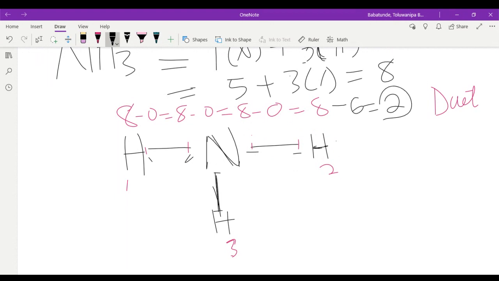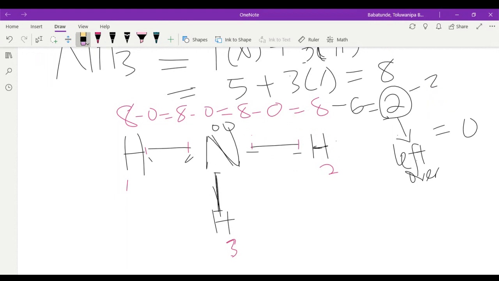So what do we do to these 2? These are leftover electrons. So we place the leftover electrons on the central atom this way. So we have 2 minus 2, which is going to make everything 0. Because we have 0, it means that we have finished distributing all our 8 electrons here.